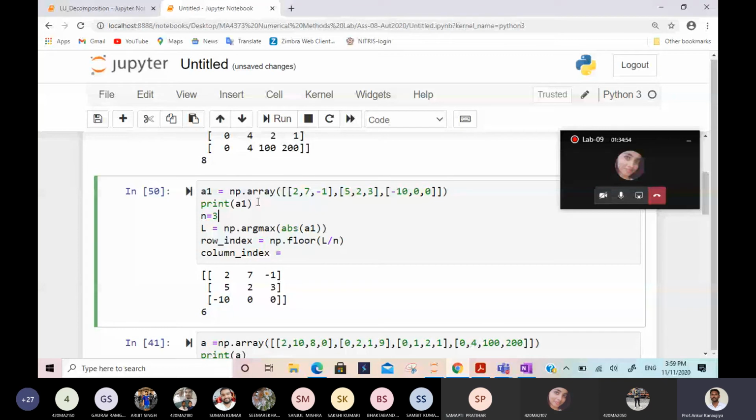So what to write for the column index? Then I will print both.